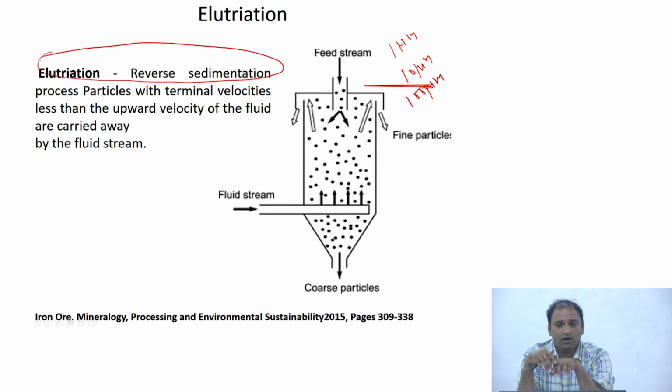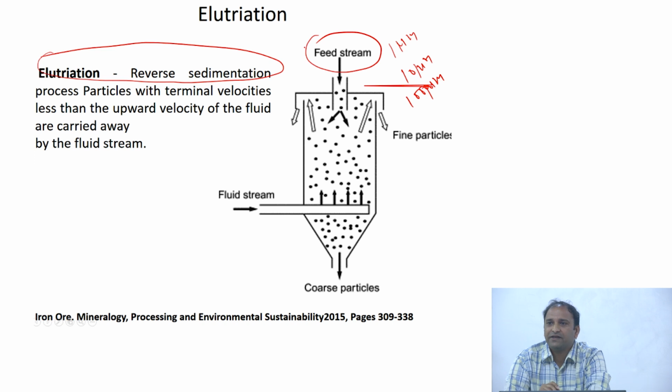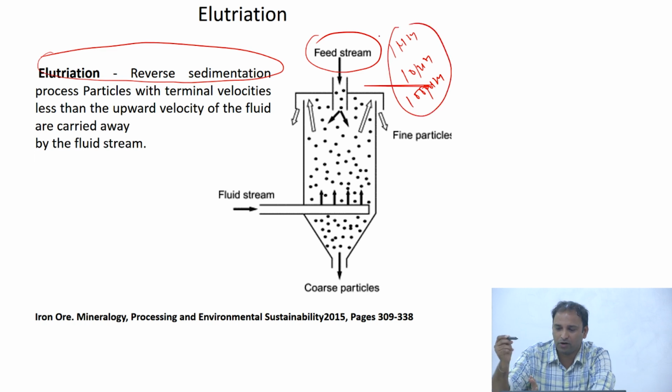Now, if you look at the schematic here, there's a feed stream. That feed stream carries the mixture of particles that want to be separated. I have a mixture of different sizes, maybe 1 micron, 10 micron, and 100 micrometer particles that enter the feed, and at the bottom you have a fluid stream.